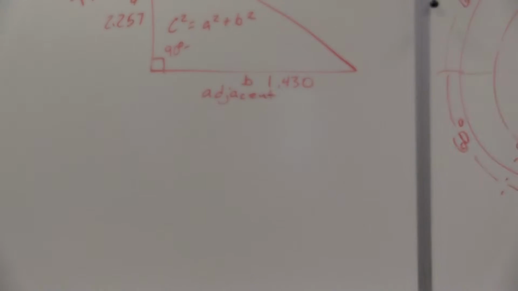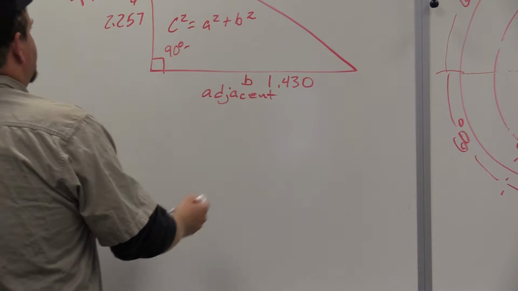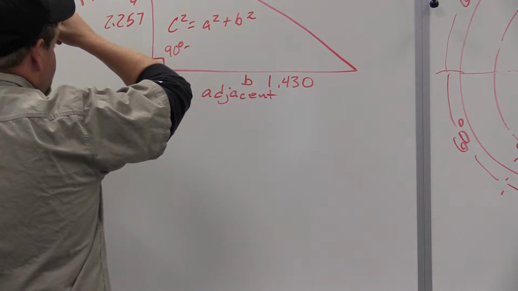Okay? Alright, so walk through this. Begin with the original formula. C squared is equal to a squared plus b squared.